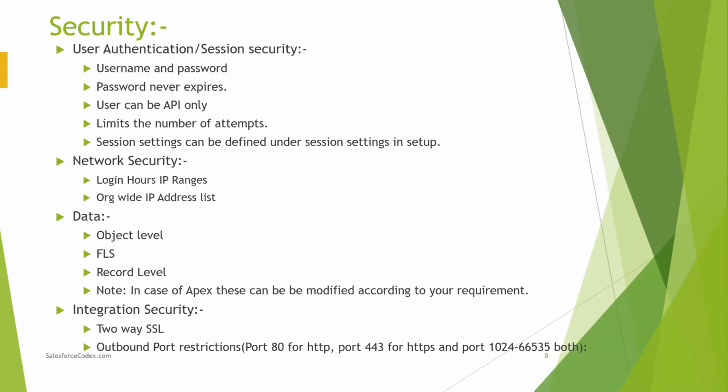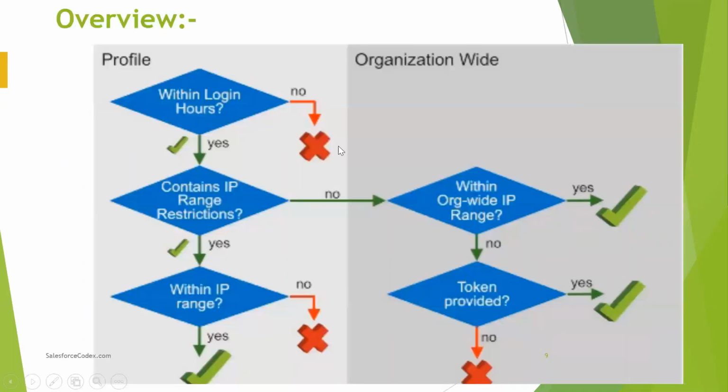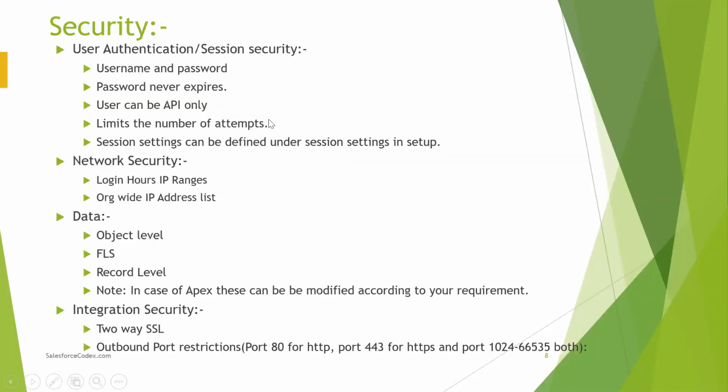For HTTPS, we generally use port numbers from 1024 to 65535. You can get all these details when you sit with a network administrator. In general, we don't deal with this. We deal with username, password never expires, API users, all this stuff.